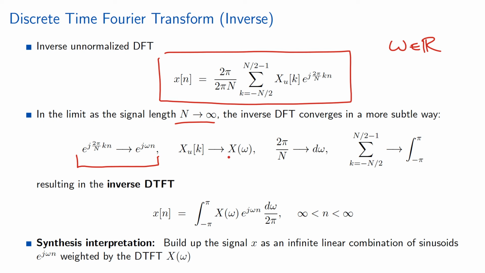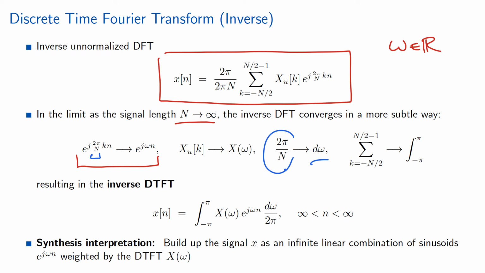More interesting, or sort of new, we can think of this quantity 2 pi over N as becoming like a quantity d omega, a little bit of omega, because it appears over here, and it also appears here in this formula. So you can think of 2 pi over N as a little bit of omega.